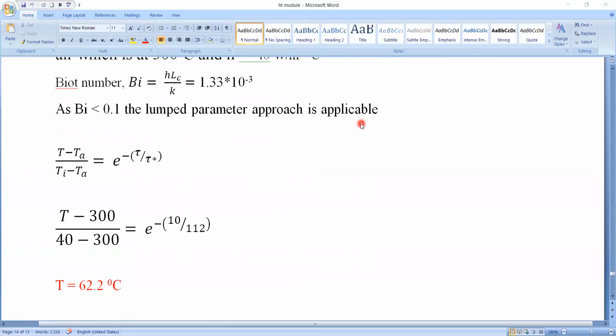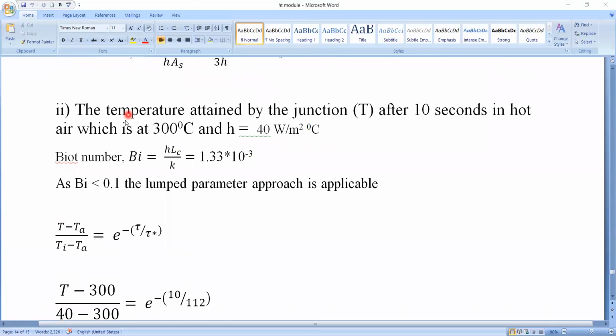Now, the temperature attained by the junction, that is T, after 10 seconds in hot air at 300 degrees centigrade, and the heat transfer coefficient is given.